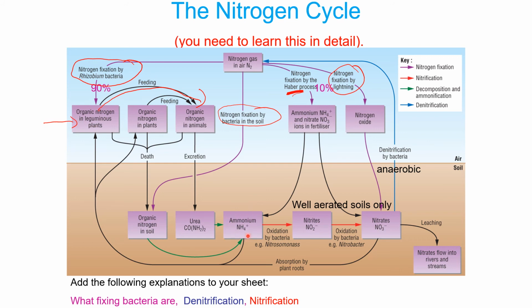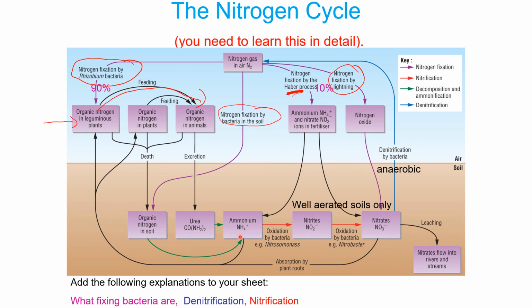That ammonia is then oxidized in a process called nitrification, which occurs in oxygenated soil, turning it into nitrites and then nitrates. You can see here the oxygen being added. You then have one of two things happening. If there's enough oxygen, the plants will be healthy around there and will absorb that nitrogen back into the plants. That can then enter leguminous plants or normal plants, which then get eaten by animals, and the cycle happens over and over again.